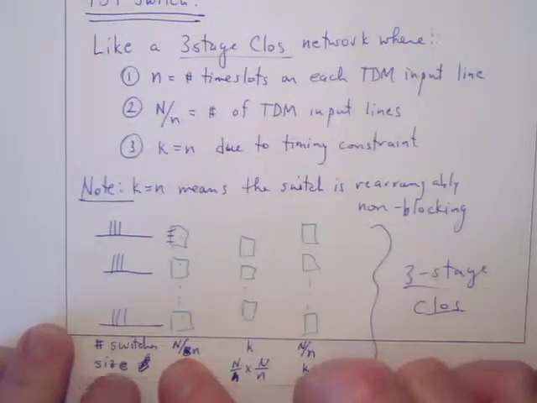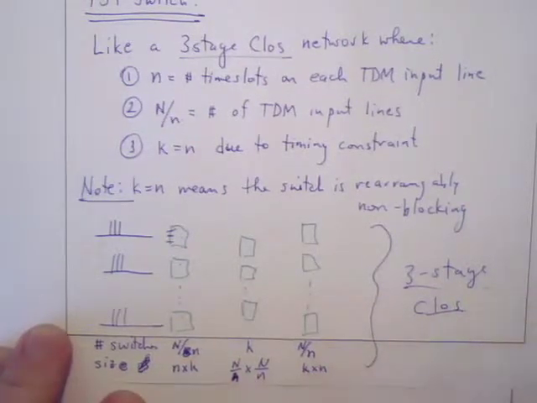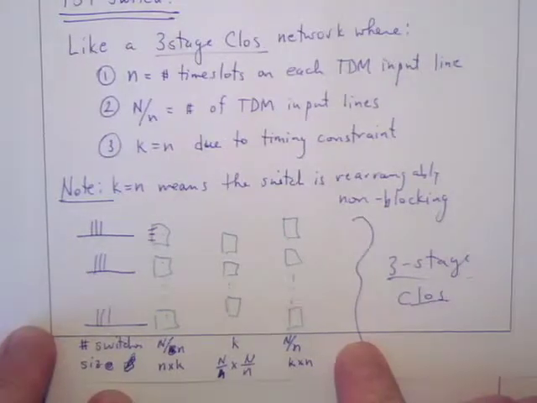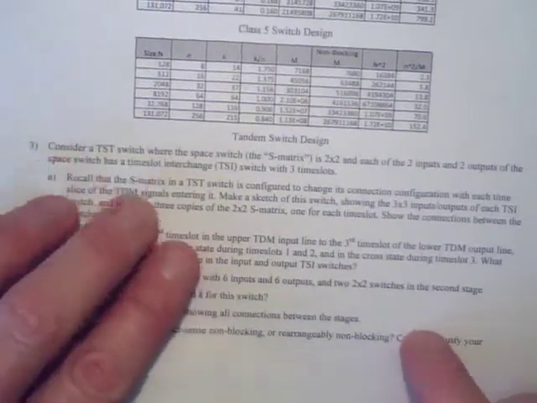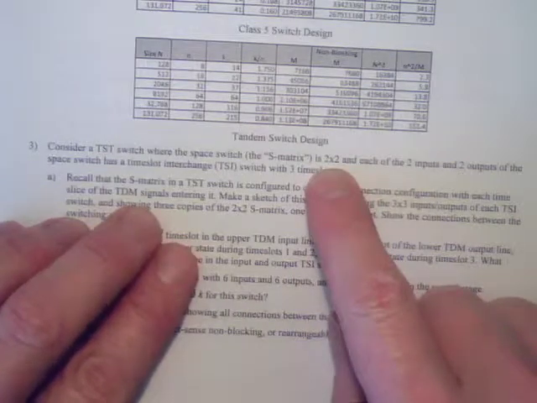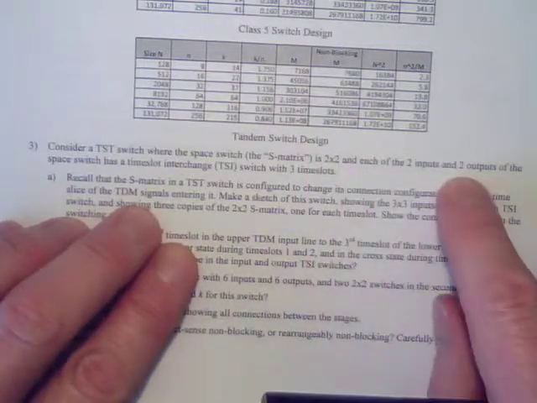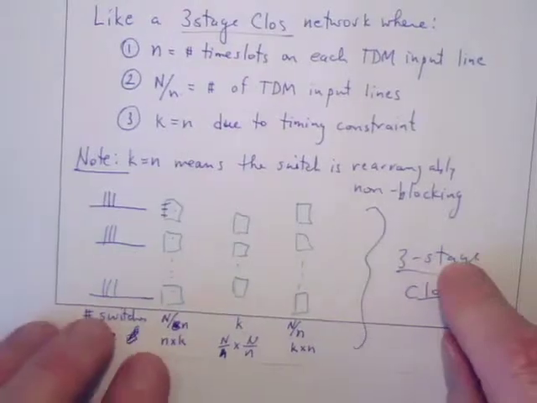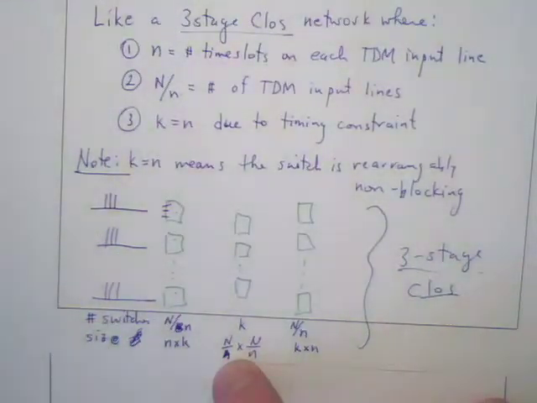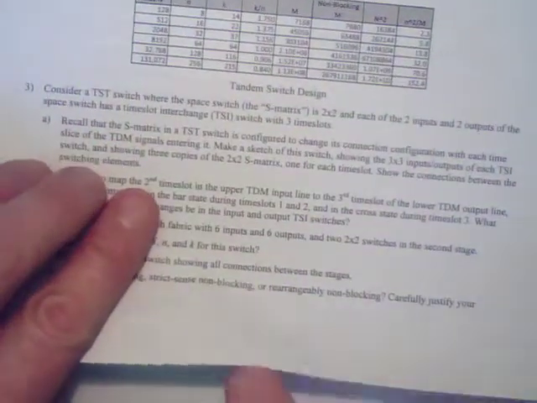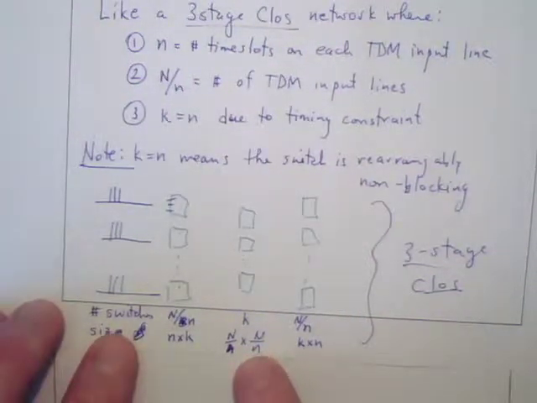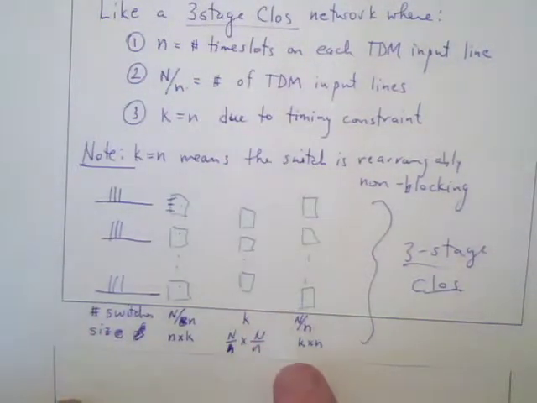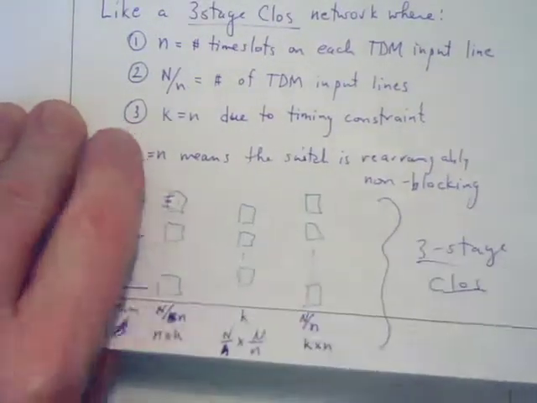Okay, so apparently there are 2 input lines with 3 time slots in them, in this switch. Again, the fact that the space stage was a 2 by 2 switch tells us that big N divided by little n is 2. The fact that we have 3 time slots is little n, therefore big N is 6. And so I hope that's a good hint to get you started on problem 3.